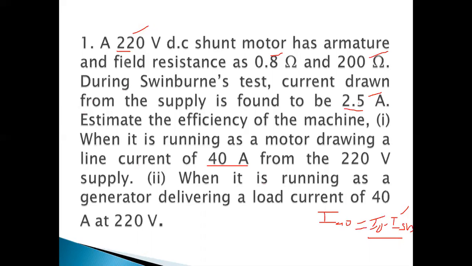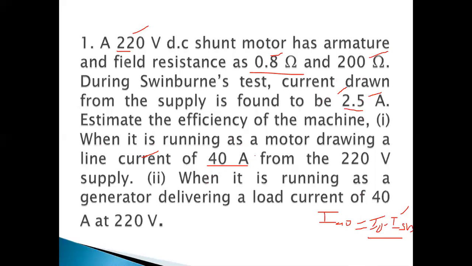We'll get the armature current at 40 amperes of line current, which is squared and multiplied with 0.8 ohms to give armature copper losses for line current of 40 amperes. Now we get variable losses, armature copper losses, and constant losses calculated with this 2.5 amperes. Addition of these two will give the total losses.